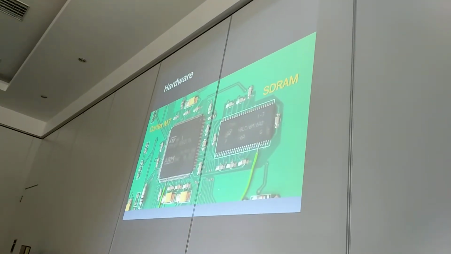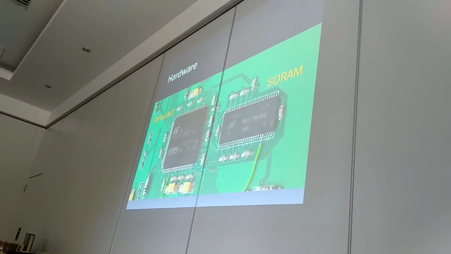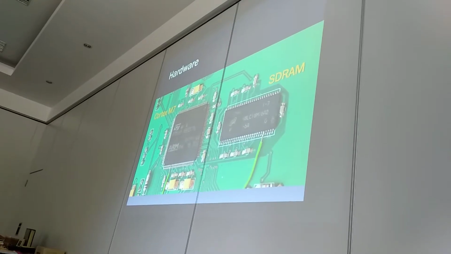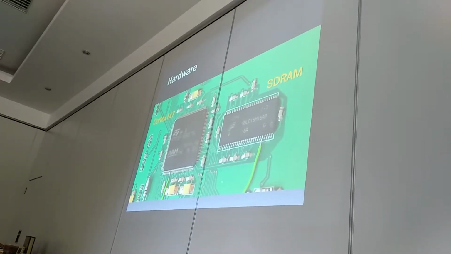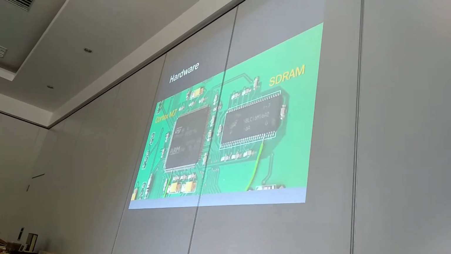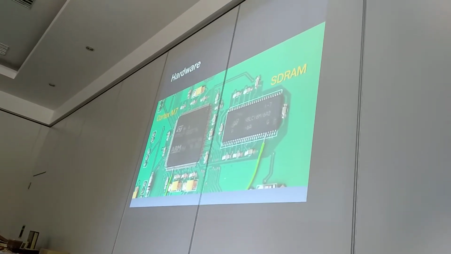From the hardware side, so this is bottom up, so you can't see much, but you basically have only 2 ICs on the board. On the left-hand side, you see a microcontroller, and on the right-hand side, this is just the RAM chip. The RAM is an SDRAM, as you would have found in a PC a long time ago.